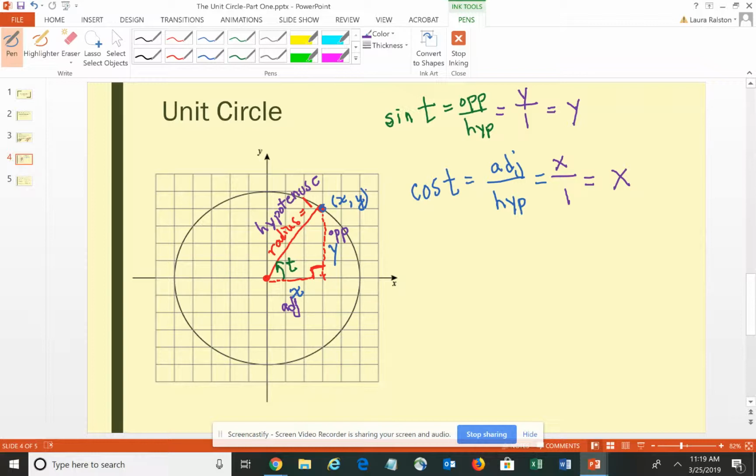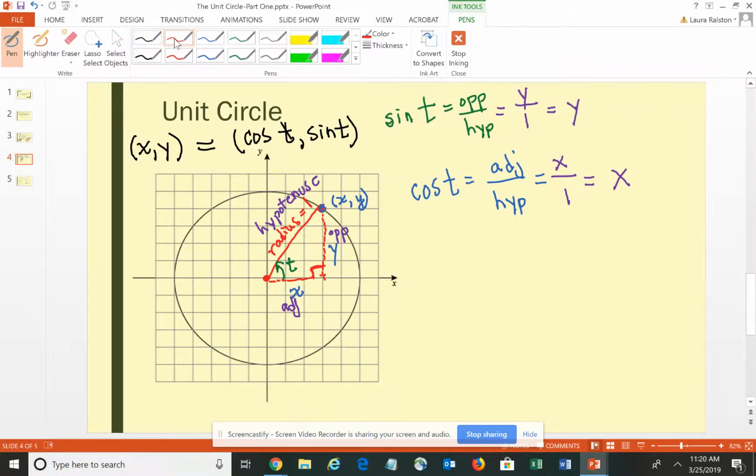So now our ordered pair, which we traditionally view as x comma y, in terms of our trig function can be written as the cosine of the angle, sine of the angle. Okay, so our ordered pair x comma y becomes cosine comma sine.